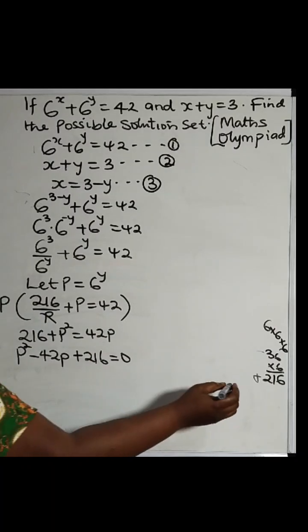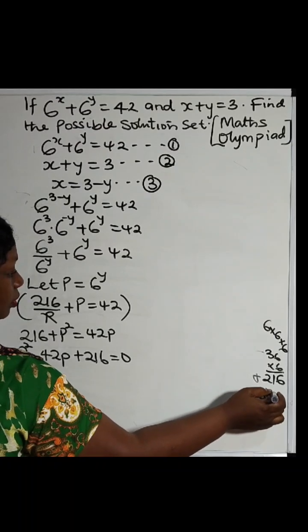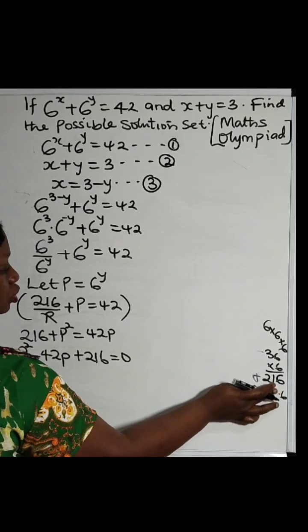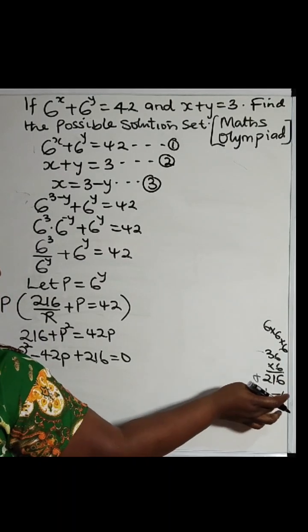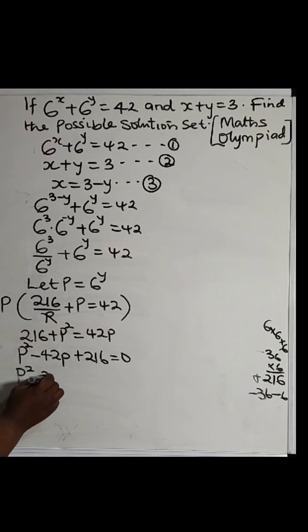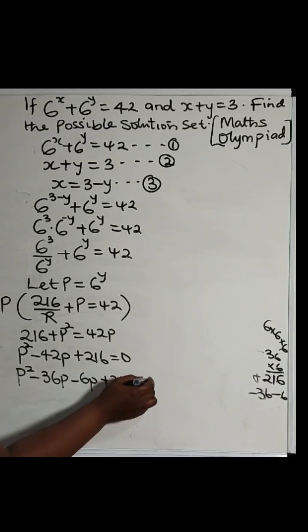Minus 42. Plus minus is minus. So we have minus 36 minus 6 will give us minus 42. So we now have p square minus 36p minus 6p plus 216 is equal to 0.